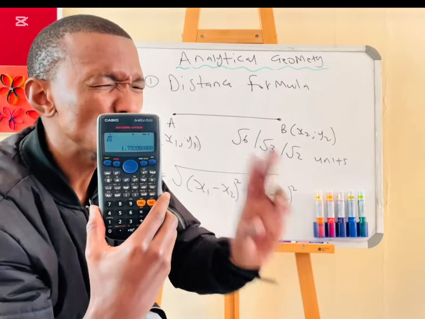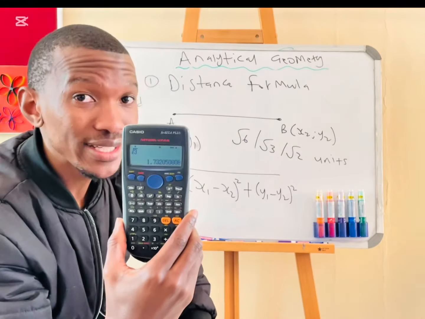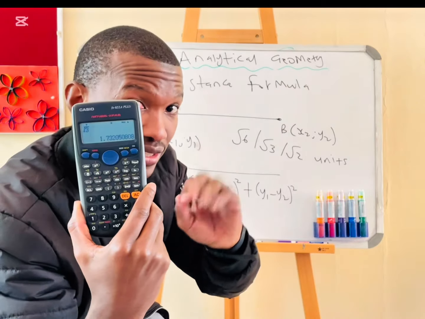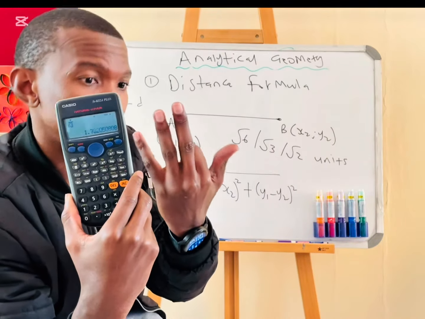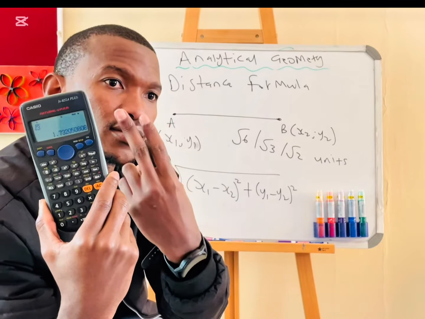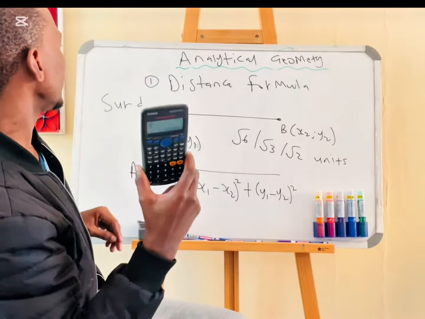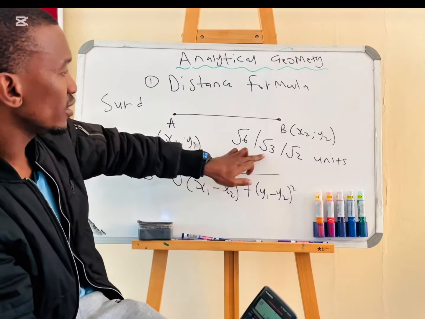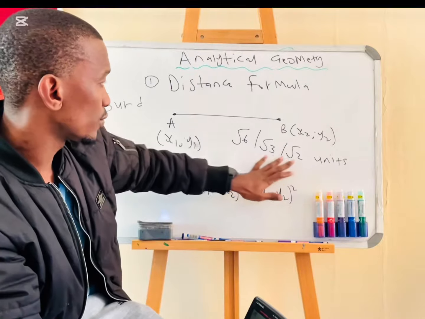If they say 3 decimal places, it's 1,732. From there, for surd form, you just leave it as the square root of 3, the square root of 2, or the square root of 6.